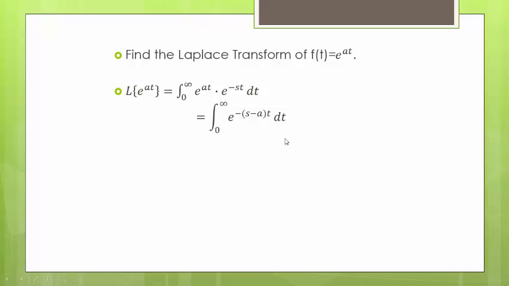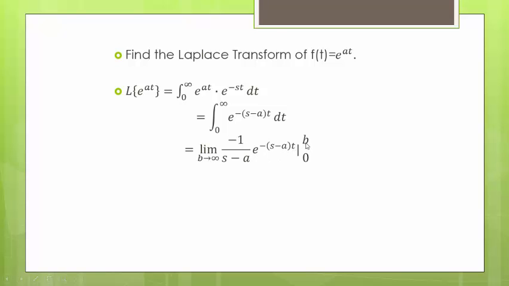So go ahead and leave that there. I have e to the negative quantity s minus a all times t. To integrate that, and it is an improper integral, so I didn't include the dummy variable b here, you'll have negative 1 over that constant times e to the negative s minus a times t for the antiderivative.